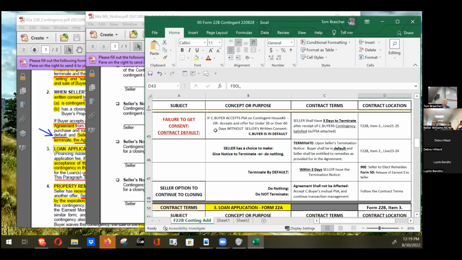So then I have a section for failure. I do the same thing. If they fail, the seller has a choice. Within 3 days, they'll have to write a 90E. I have the 90E up there.